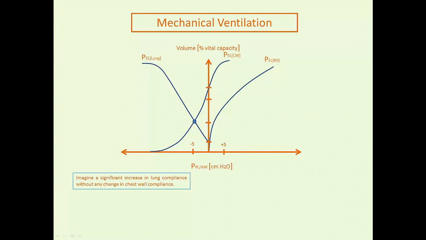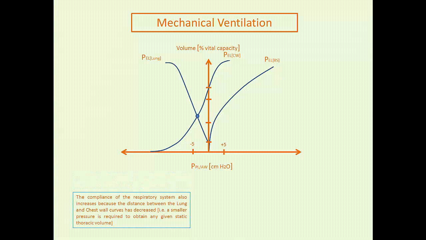So if we imagine an increase in pulmonary compliance without any change in chest wall compliance, which you tend to see in emphysema, the elastance curve of the lung is shifted up and to the right, FRC is increased, and now we can derive the compliance of the respiratory system by saying that at each volume here on the y-axis, the lateral distance between the lung elastance curve and the chest wall elastance curve, this lateral distance here in pressure, is the amount of pressure that the muscles of respiration must generate to achieve that volume.